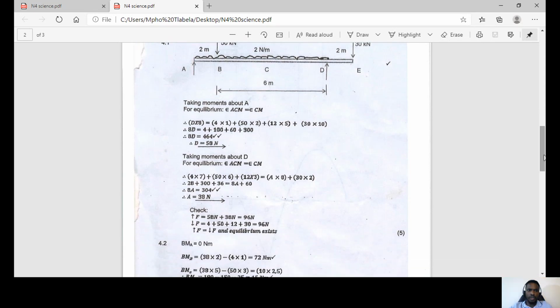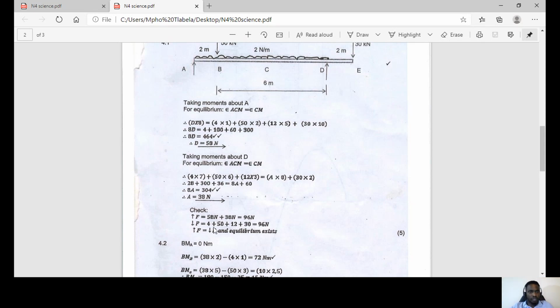Right, now, as you continue, after calculating the reactions at your support, it's very easy, guys. Use Newton's third law to check if your answers are correct. Newton's third law says the sum of upward forces must be equal to the sum of the downward forces. Right, the upward forces, we only have got 2, which is the reactions of support, A and D, which is 38 plus 58, they give us 96.